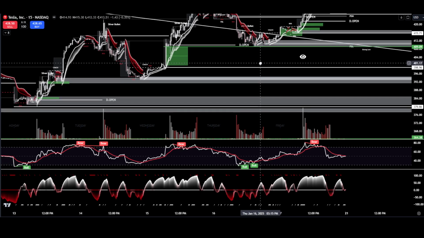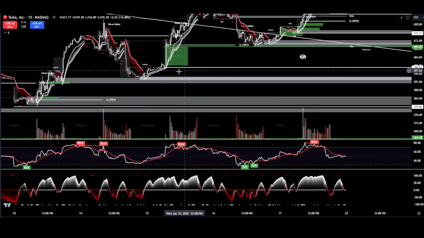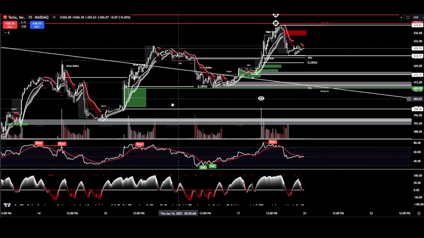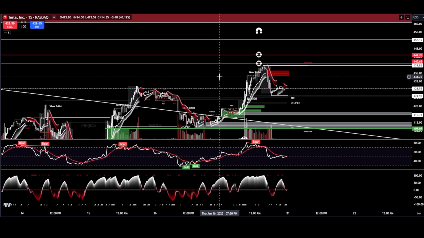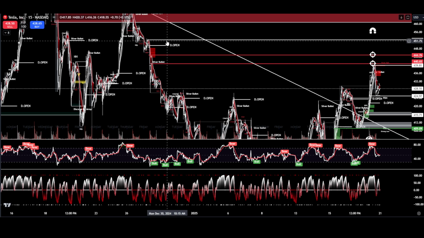And then below that, we have 398.96, another liquidity pool down here. Okay, and then we got 379.86. So just some of the intraday levels or intra-week levels that we could be watching for. And then if you look at this one, okay, we got that 352.19.